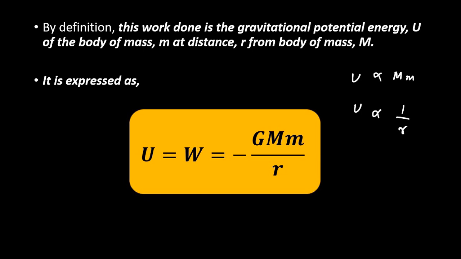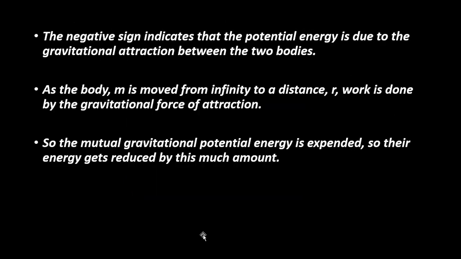And what does this negative sign indicate? It means that this potential energy is due to the gravitational force of attraction between the two bodies. The work is done by the gravitational force of attraction. The displacement has happened in the direction of the gravitational force.